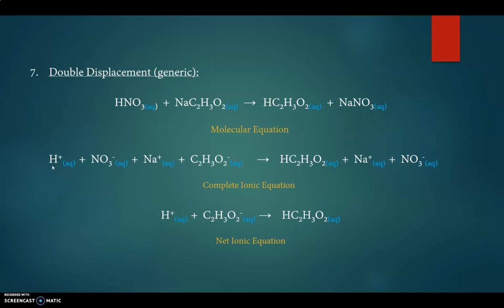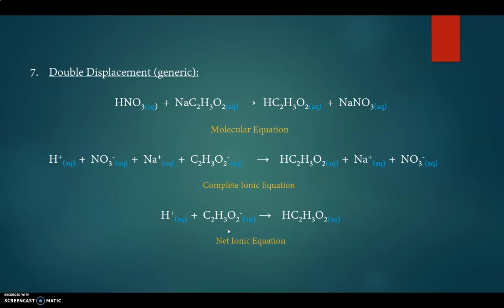So we separate the hydrogen and the nitrate. We separate the sodium and the acetate. We leave the acetic acid as it is. We don't dissociate it because it's a weak acid, but we do dissociate the sodium nitrate. So if we look at the net ionic equation, the nitrates and the sodiums cancel out on both sides, but we couldn't cancel out the hydrogen and the acetate because the acetic acid did not dissociate.